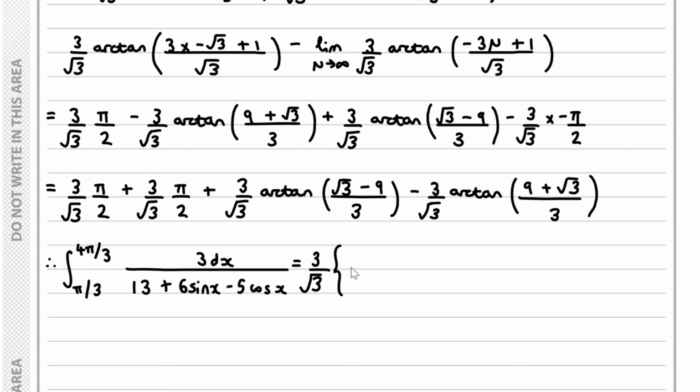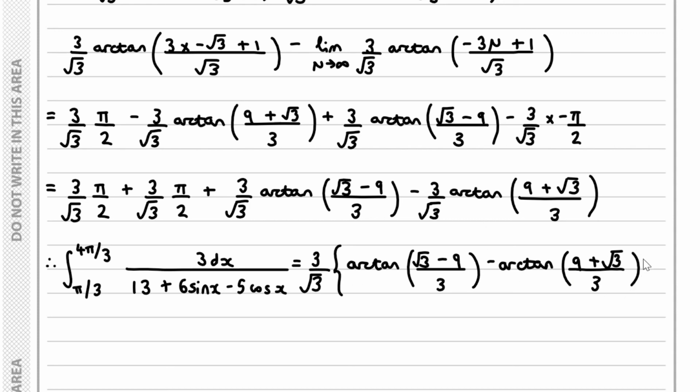And then we've got here the arctangent of root 3 minus 9 over 3. And then here we've got minus arctangent of 9 plus root 3 over 3.